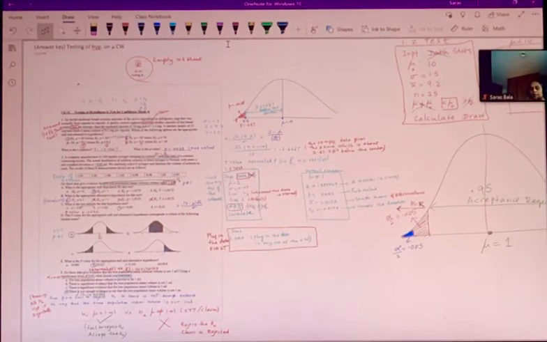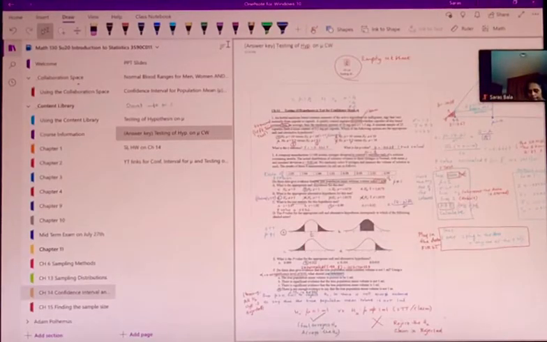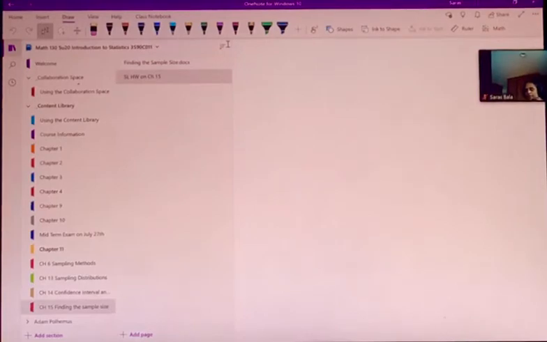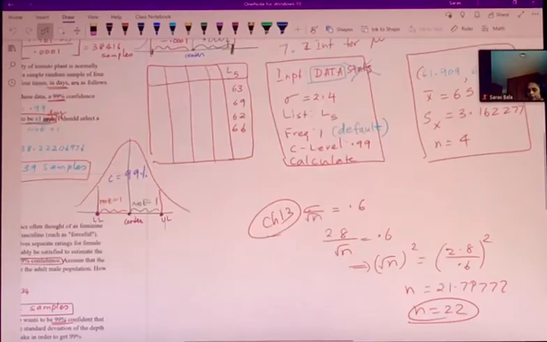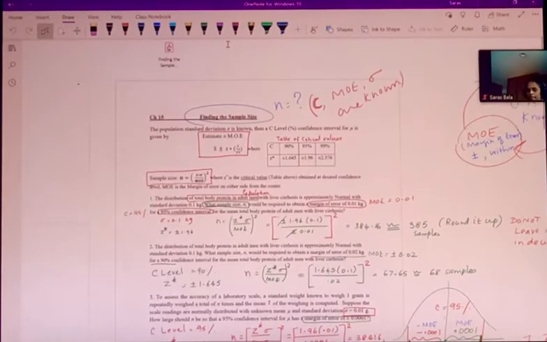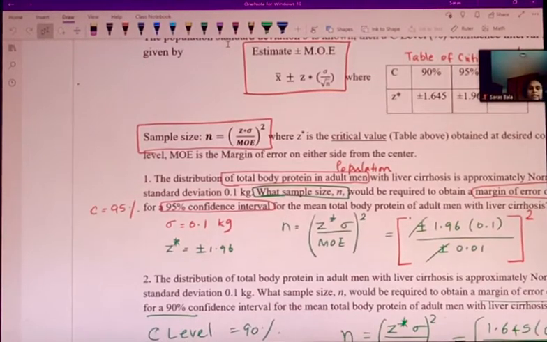So I am going to be finding what would be the sample size n, or how large the sample size is going to be if the margin of error is given. So that's where we have seen, in chapter 15 on Tuesday, how to find the sample size n. So there is a formula here. The formula here is n is equal to z star sigma over margin of error, the whole square.